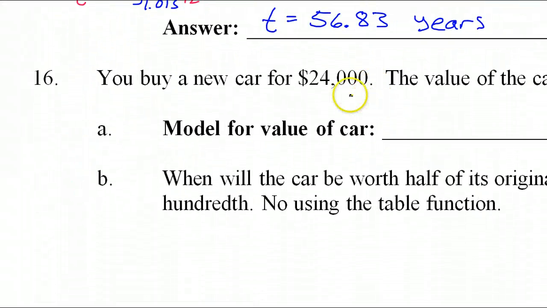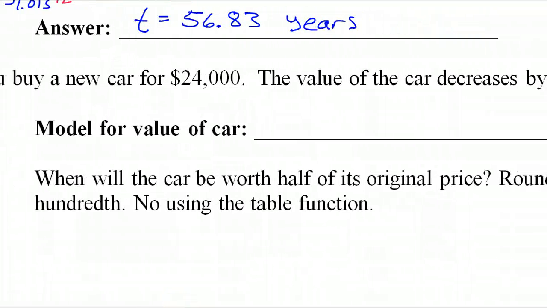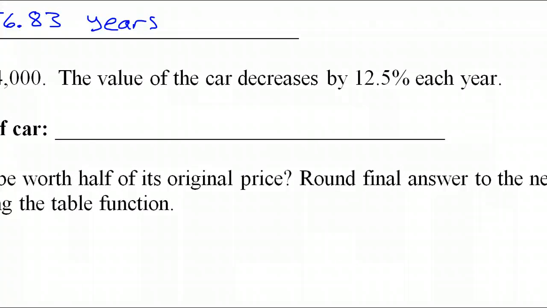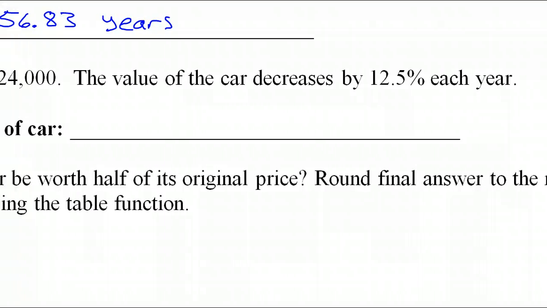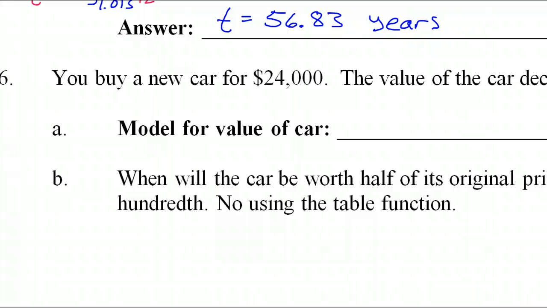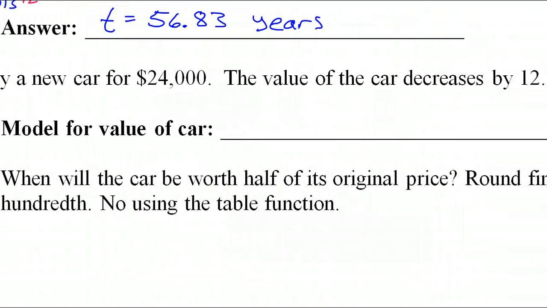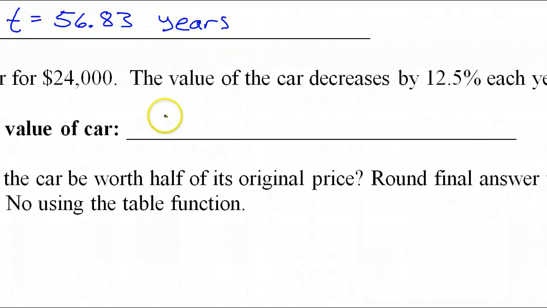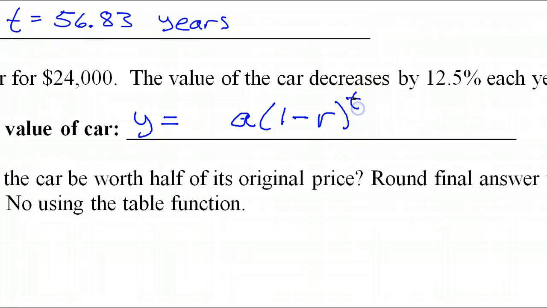Alright, number 16. You buy a new car for $24,000. The value decreases by 12.5% each year. Okay, the model. This is not compound interest or anything, so we will just use a basic decay model. So y equals the amount times 1 minus the rate, to the power of time.